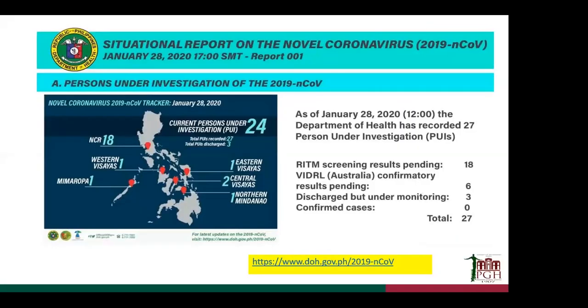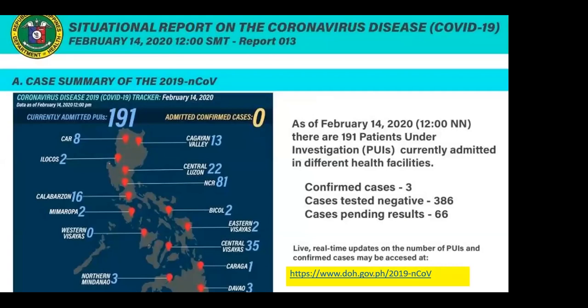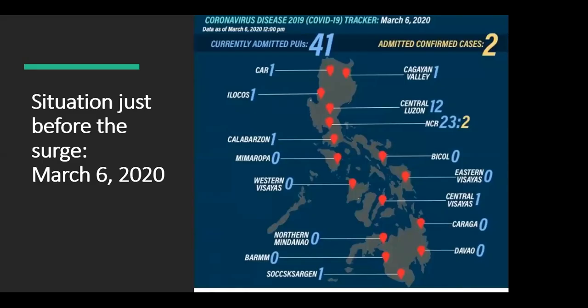I'd like to just start off with how we were in January when we didn't have any confirmed cases at the time, going to February when for a long, long time we only had 3 confirmed cases in our country. And then by March, this was the situation just before the surge.